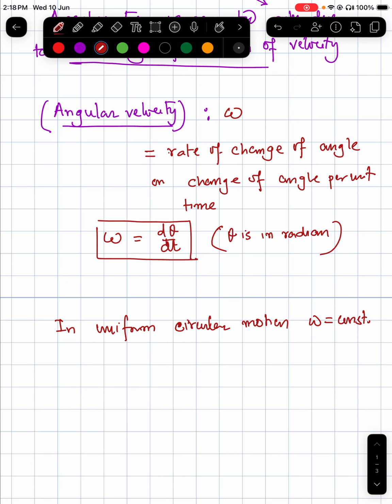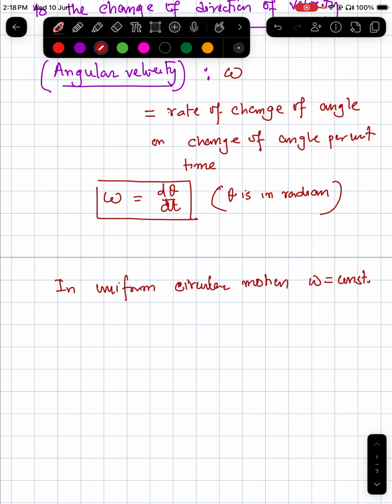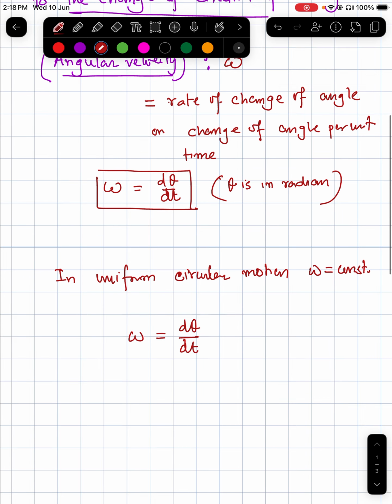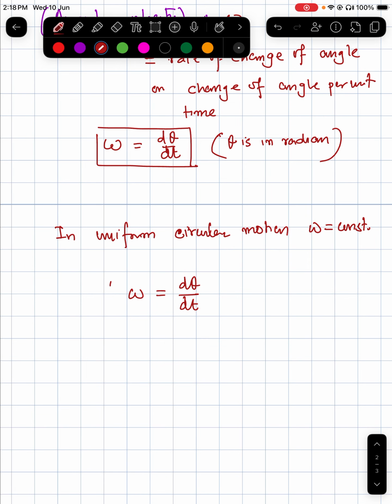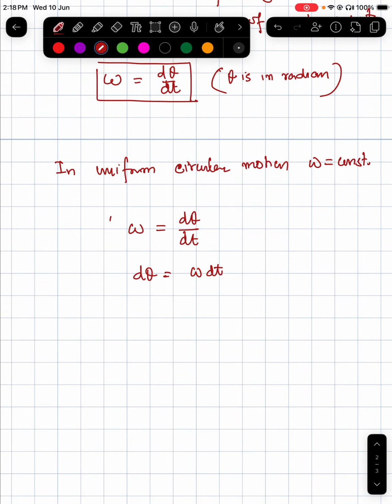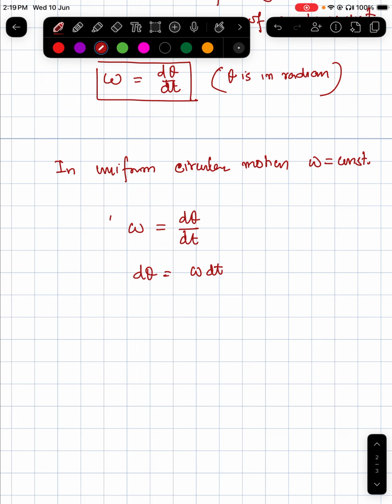So if omega is equal to d theta by dt, and omega is constant, we can easily write: first of all, multiply both sides by dt, and that gives d theta equals omega dt. If I integrate both sides with a constant c, it becomes theta equal to omega t plus c.